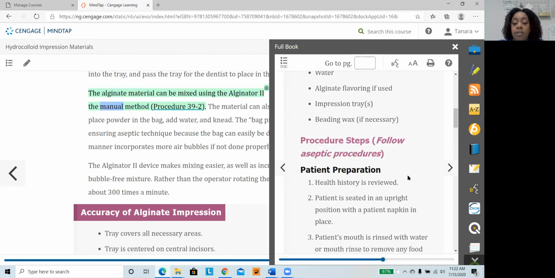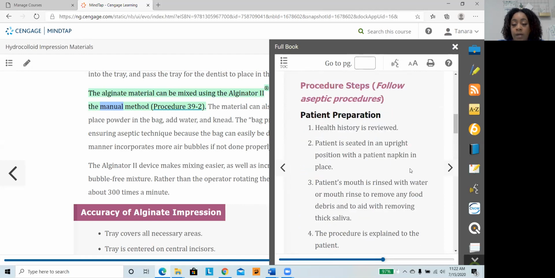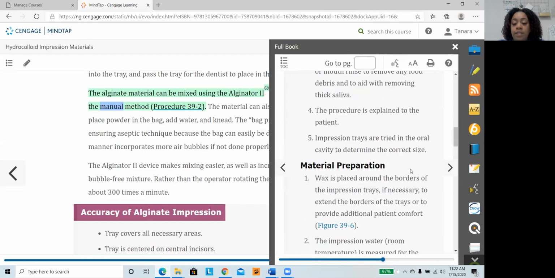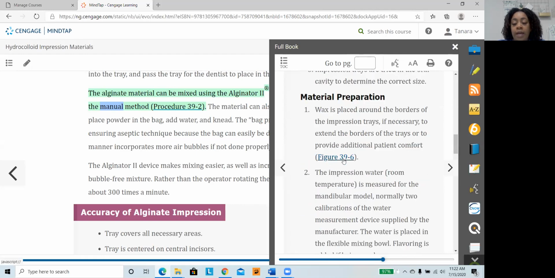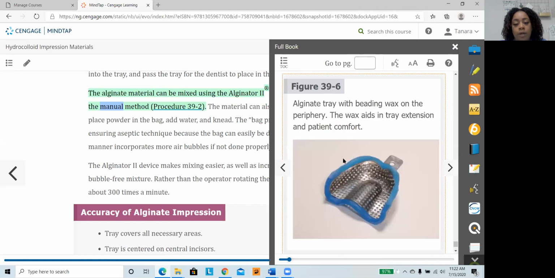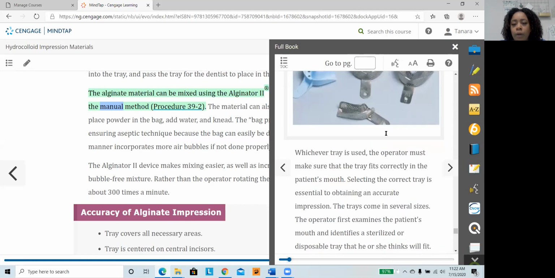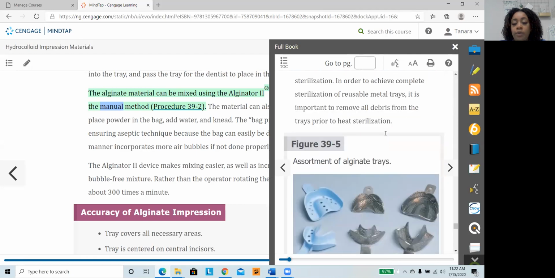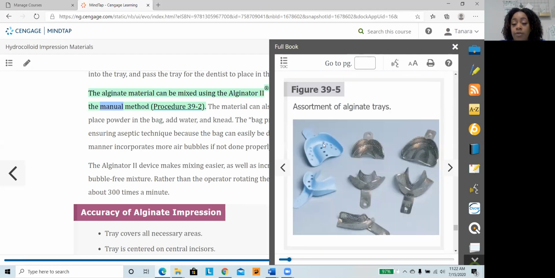It's telling you the preparation. And all of these things you can see in the figure. So here are your trays. Right now we're on the oral surgery tray, but we just finished crown and bridge.